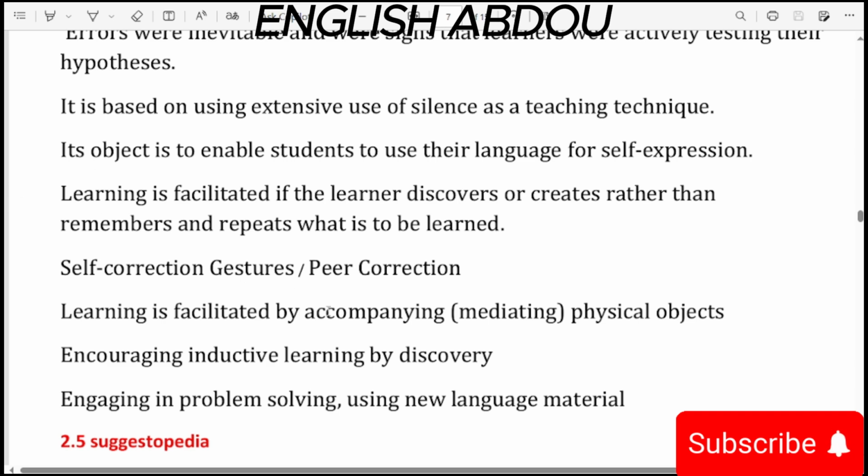Self-correction, gestures, peer correction: the students can correct themselves, and peers can correct each other, and the teacher does not interrupt them. He just says repeat again until they make it correct.